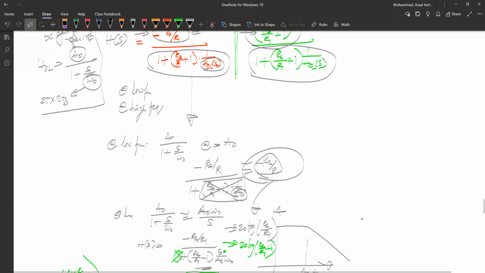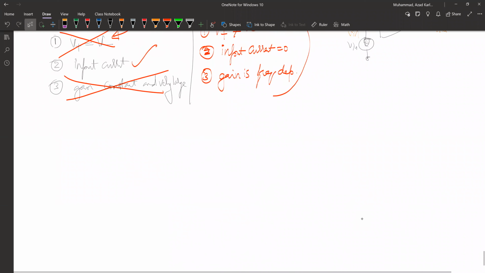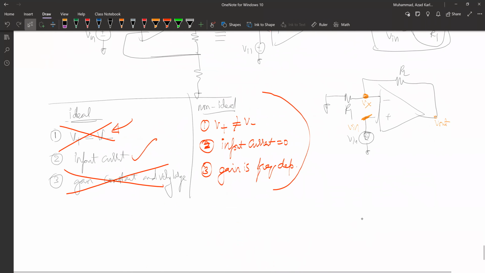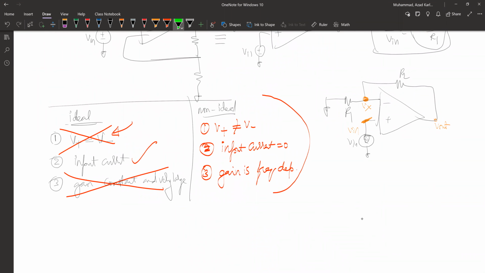All right. The first equation will basically be the current equation, because there is no current that flows into the op-amp. All the current that's being drawn from the ground has to go to the output, right? So the current in R1 equals the current in R2. The current in R1 is 0 minus Vx over R1, which equals the current in R2, which is Vx minus V out over R2.